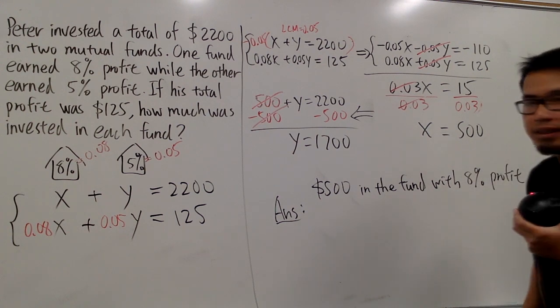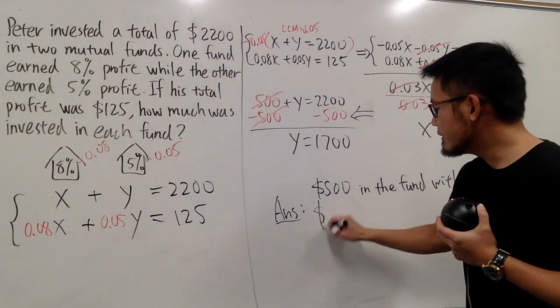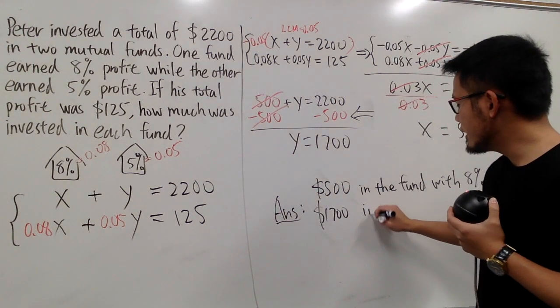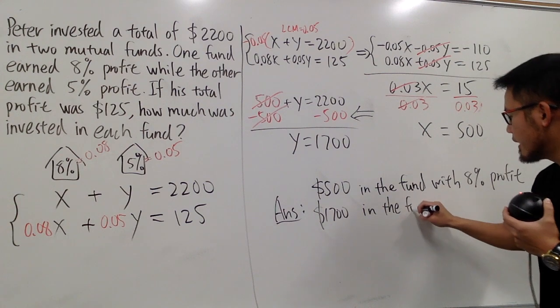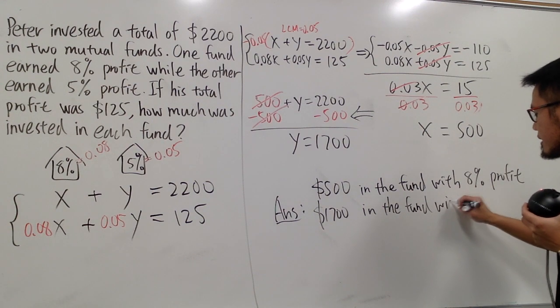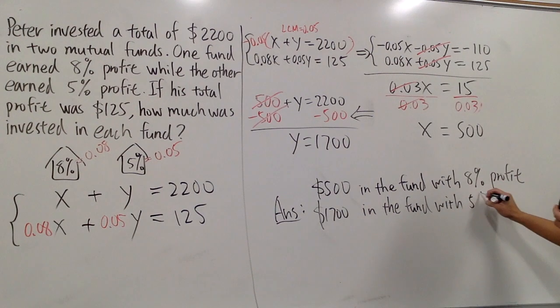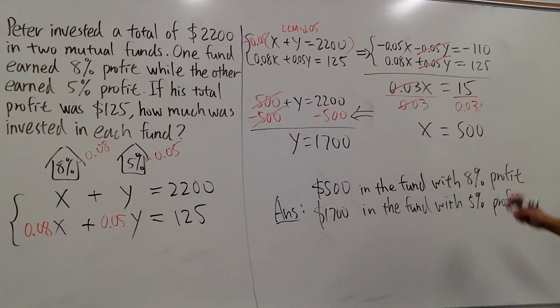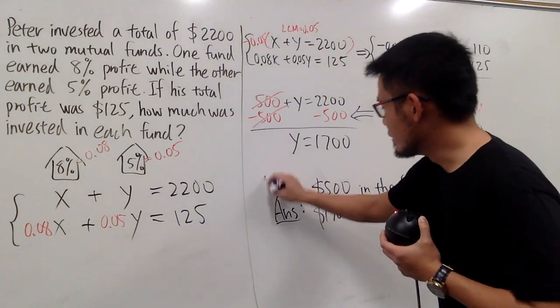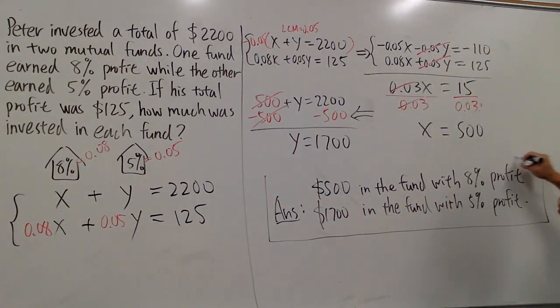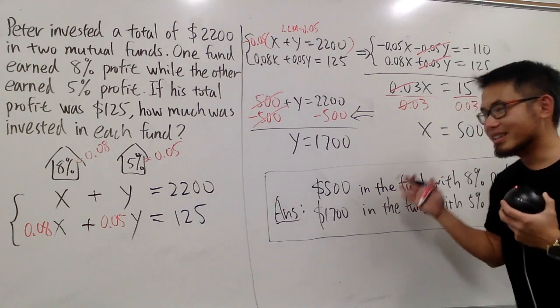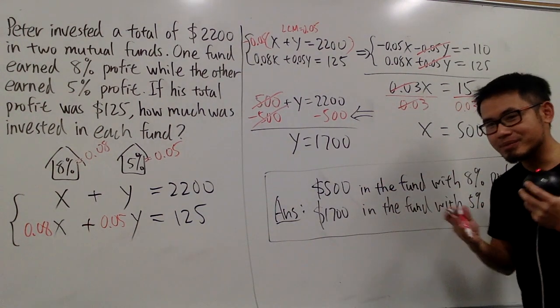Okay? And on the other hand, we have $1,700 in the fund that made the 5% profit. And this is how you are supposed to answer a situation question. Be sure you give meaning to the numbers that you get. All right? So that's it right here.